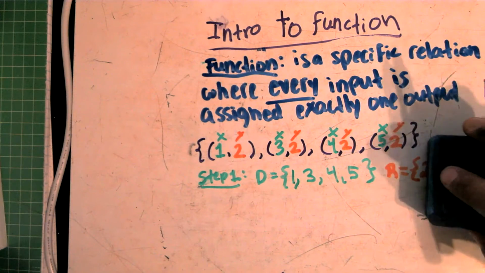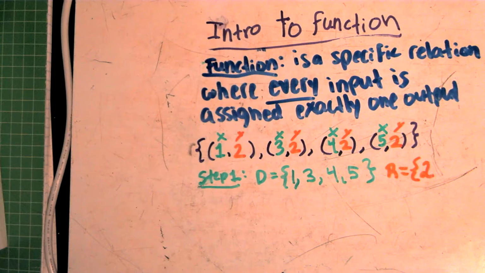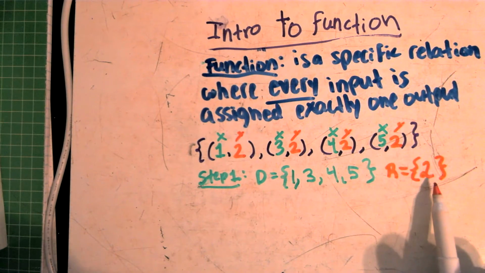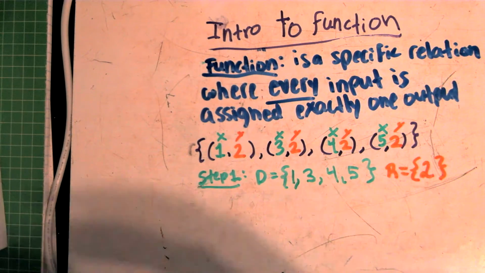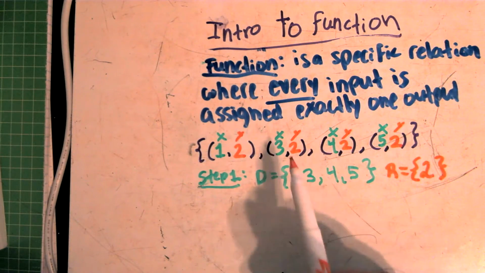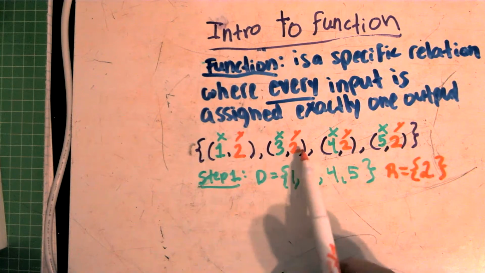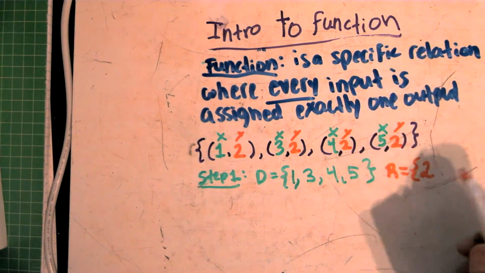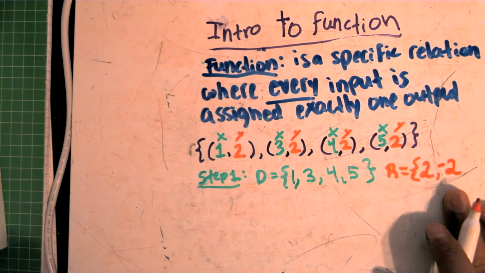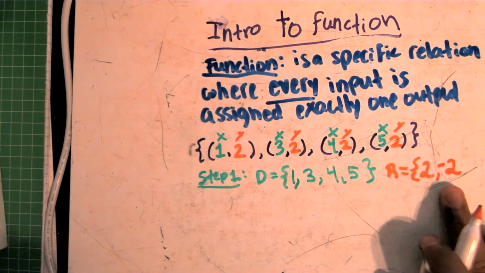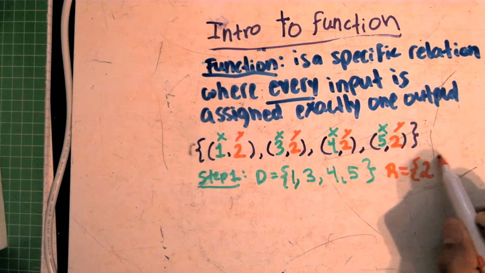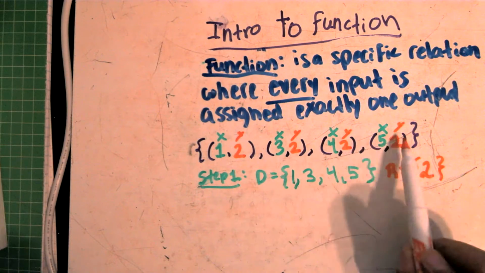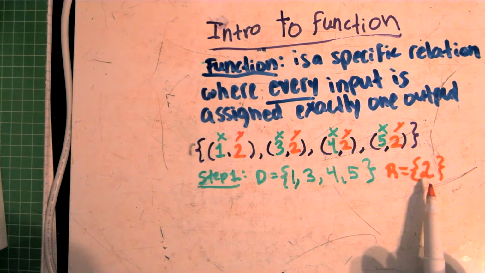The list is just telling me what values we have in the set of the range. Now, if one of these were, let's say, a -2, then I would have to make sure that I list out the value of -2 because they're not the same number, they're opposites. But in this case, the only value in the range is 2. Although it's being used multiple times, it's still the same number, so we don't repeat.